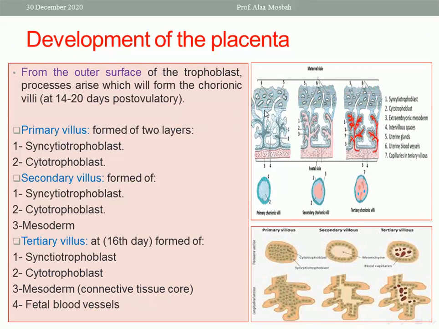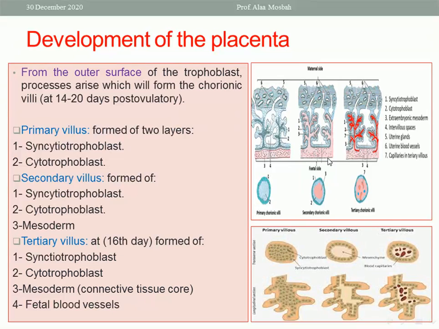Okay? In primary villi, it is only formed of these two cells. While in secondary villi, there is mesoderm inside the villi. So it becomes three layers: outer syncytiotrophoblast, inner cytotrophoblast, and innermost mesoderm.